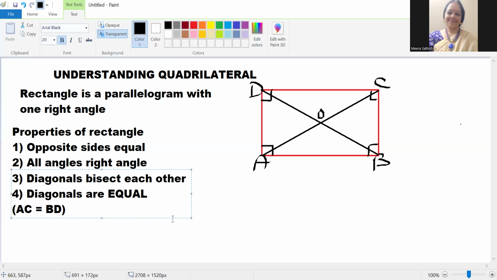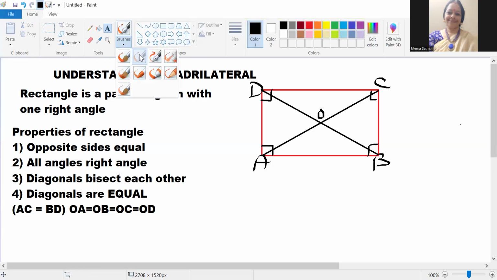Diagonals are equal, and they bisect each other also. So what will come? OA equal to OB equal to OC equal to OD. All these four segments will become equal.